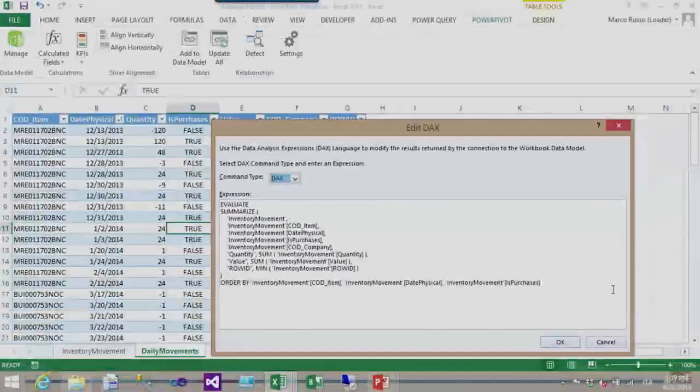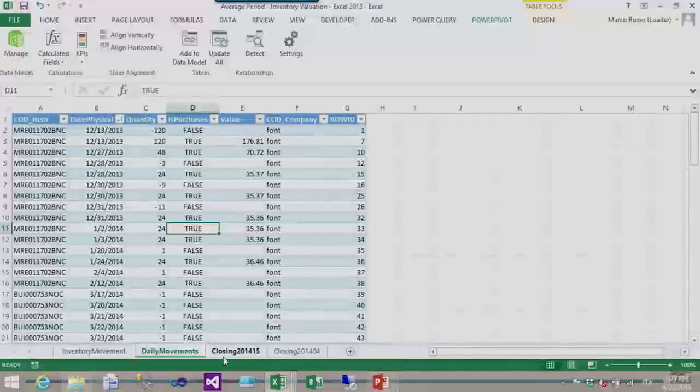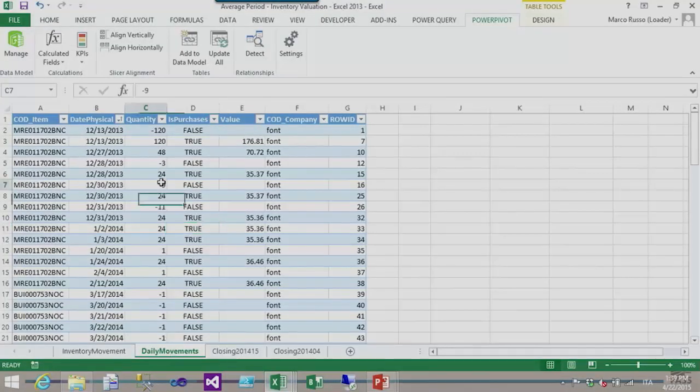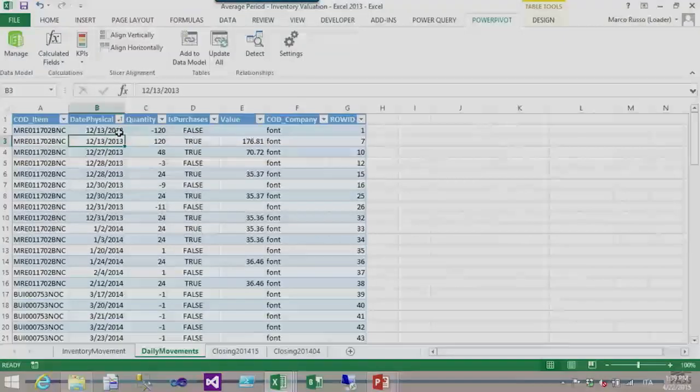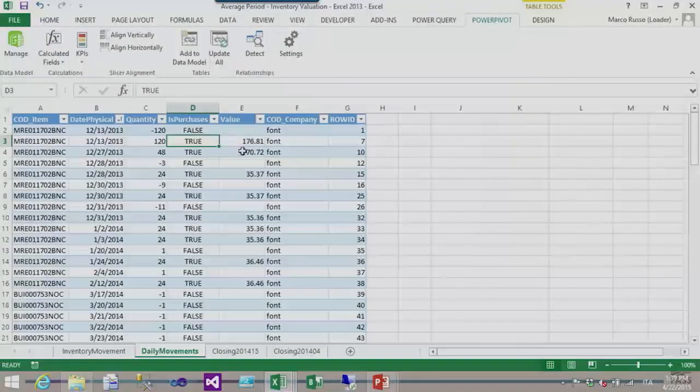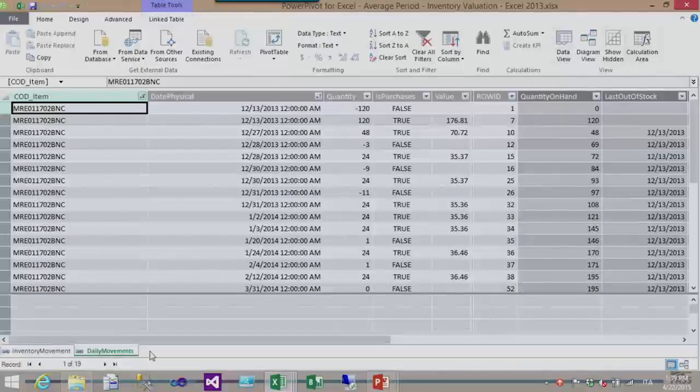Why is this important? Because I want to do this. Once I have 1 row per day per product, I might actually have 2 rows per product because I have purchases true and false. I put this data in a Power Pivot table, and I start to evaluate the average price.